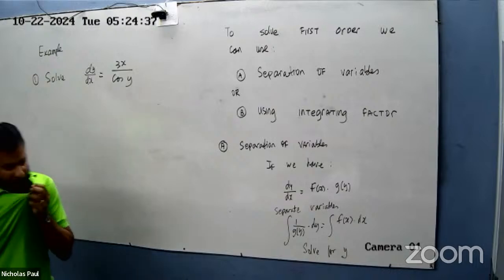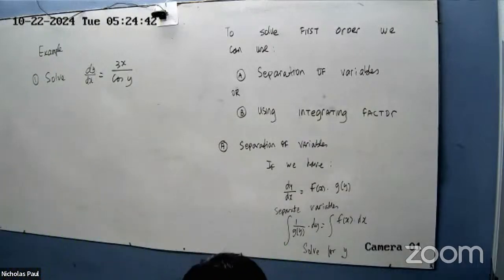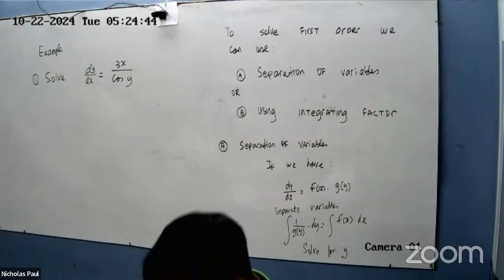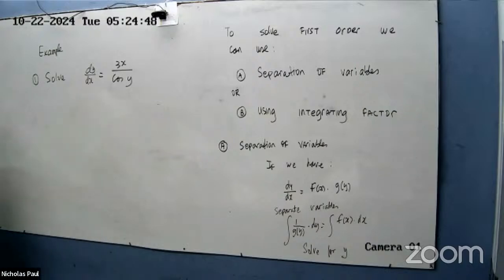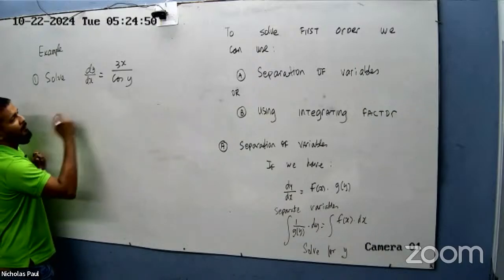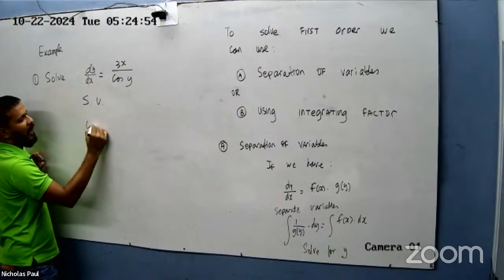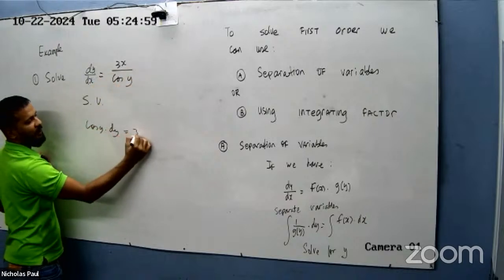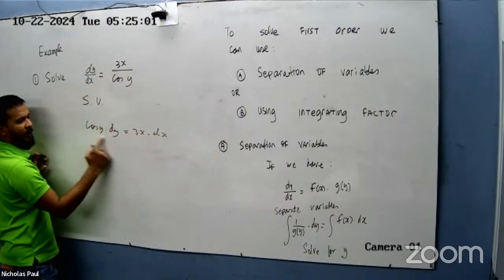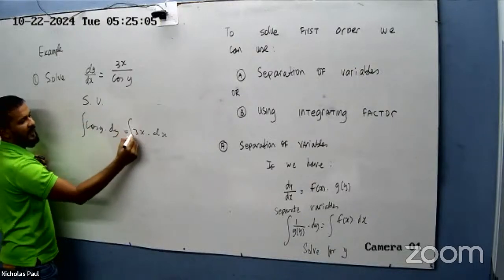How are we doing this here? Well, technically you can cross multiply, but of course, we want to separate the variables. So you're bringing the cos y on this side with respect to y and bringing the dx on this side. Now we have the left hand side in terms of y, right hand side in terms of x.